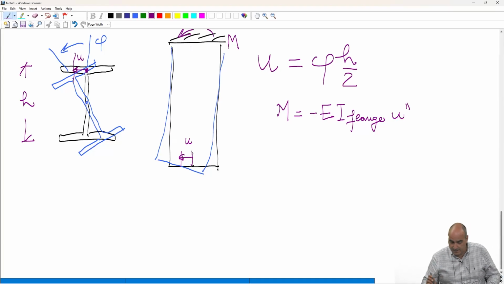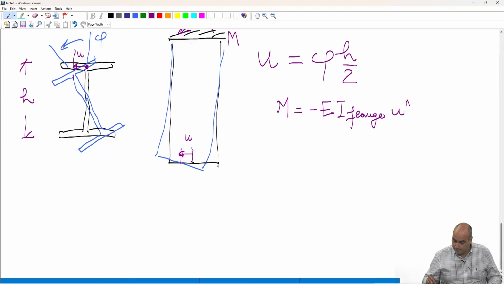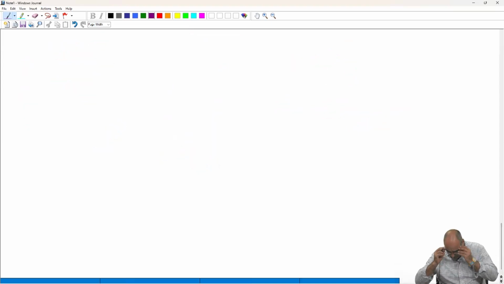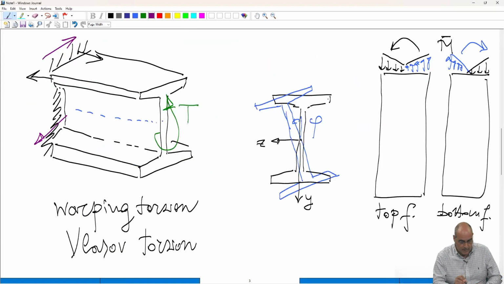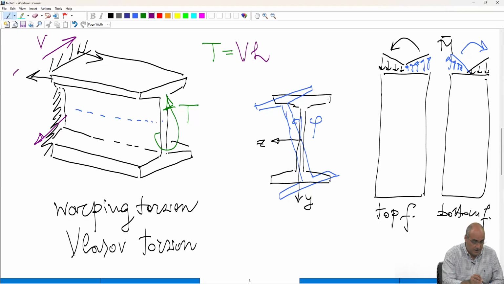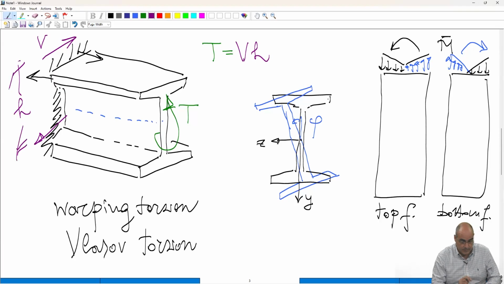What we have said here, this torsion moment, the Vlasov torsion T, you can express as V times h. This is V, and this is h. That's right, T Vlasov.